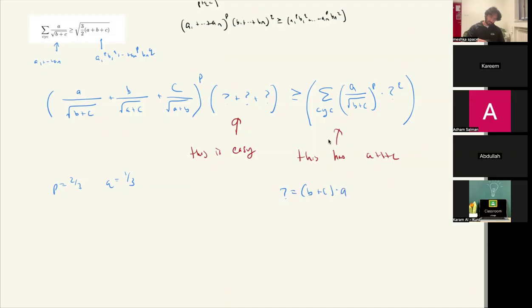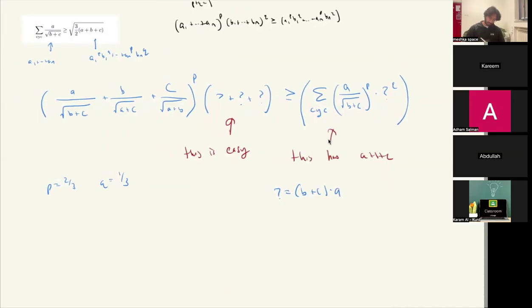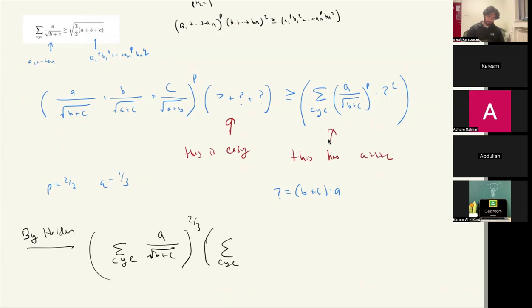And now what will the inequality be? So now this is by Holder. We have the cyclic sum of a over root b plus c, to the power of 2/3, times the cyclic sum of b plus c times a, to the power 1/3.